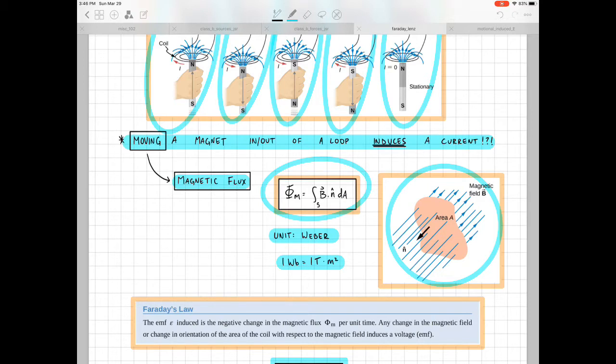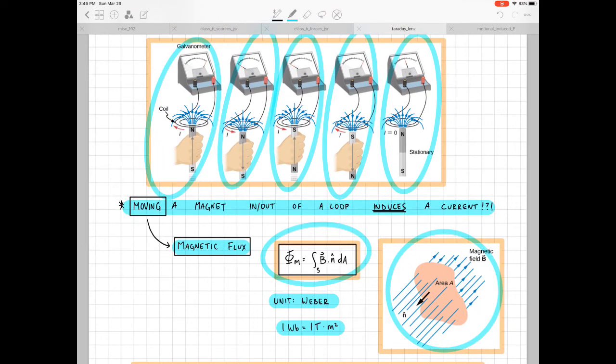So the induced current that we're seeing in this picture is a result of the magnetic flux through the loop changing. And so if there's an induced current in the loop, then that must mean there's an induced EMF, or an induced battery, in the loop.